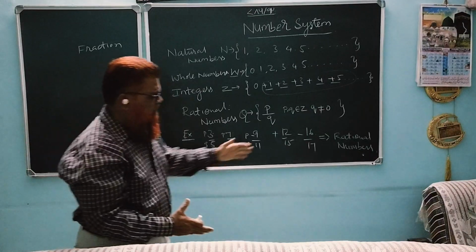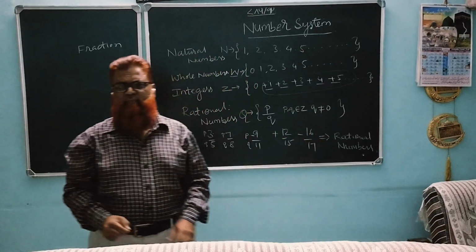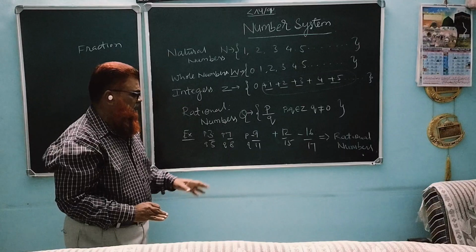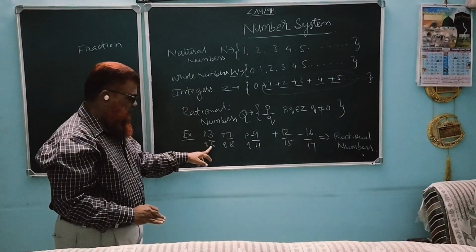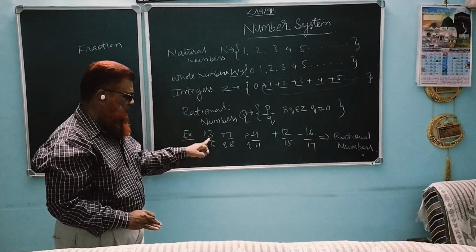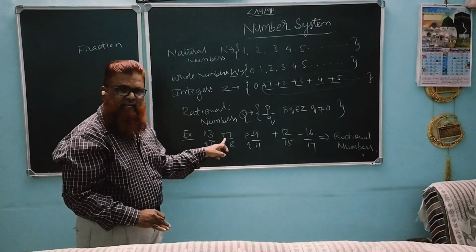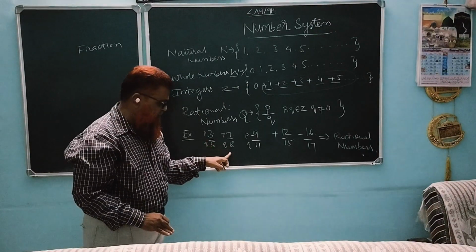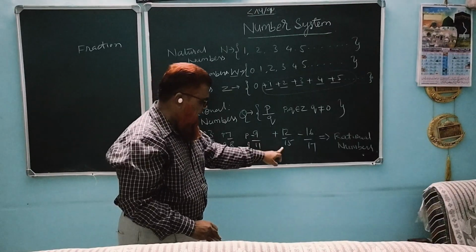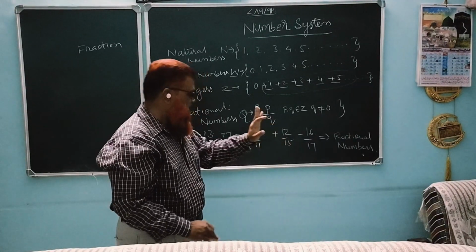But why are you calling it a rational number? Let me tell you that in 3 by 5, both the upper part and the lower part, p is positive, q is positive. 7 by 8, p is positive, q is positive. 12 by 15, p is positive, 15 is positive.